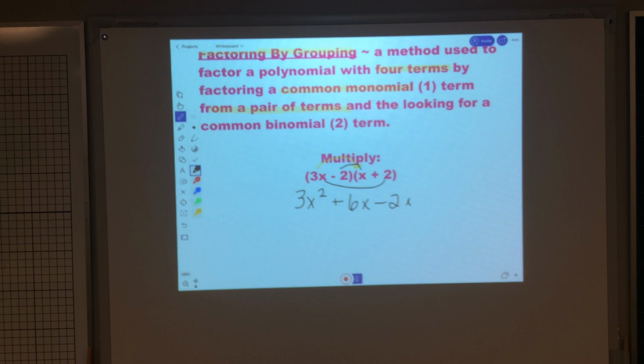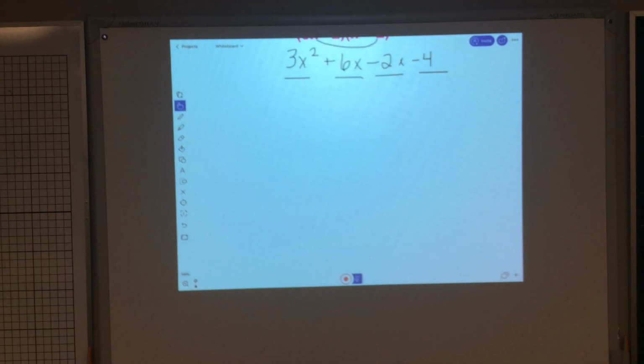And then negative 2 times positive 2, those last terms, give us negative 4. So if you look here, we have 4 terms, and that's what we use this method for, so that we can factor by grouping. Kind of like that box method, or the other factoring method where we split the middle term into 2, but these already have those 2 middle terms for us.